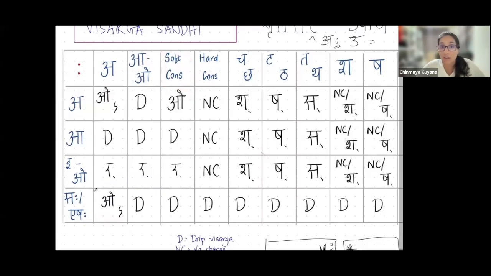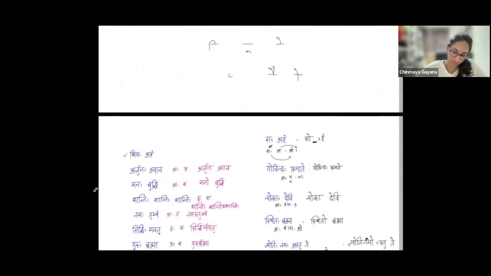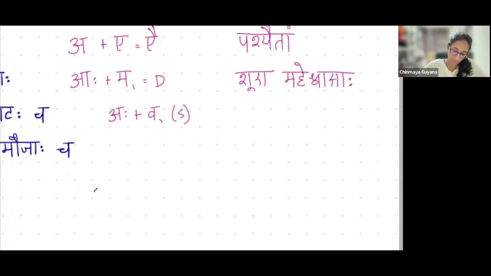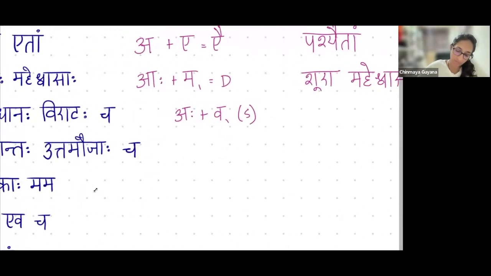Then you have virataha cha. So we'll find that one time. Virataha is a, and then you have cha. So that second one is going to become sha halant. Aha plus va becomes O. And aha plus cha becomes sha halant.